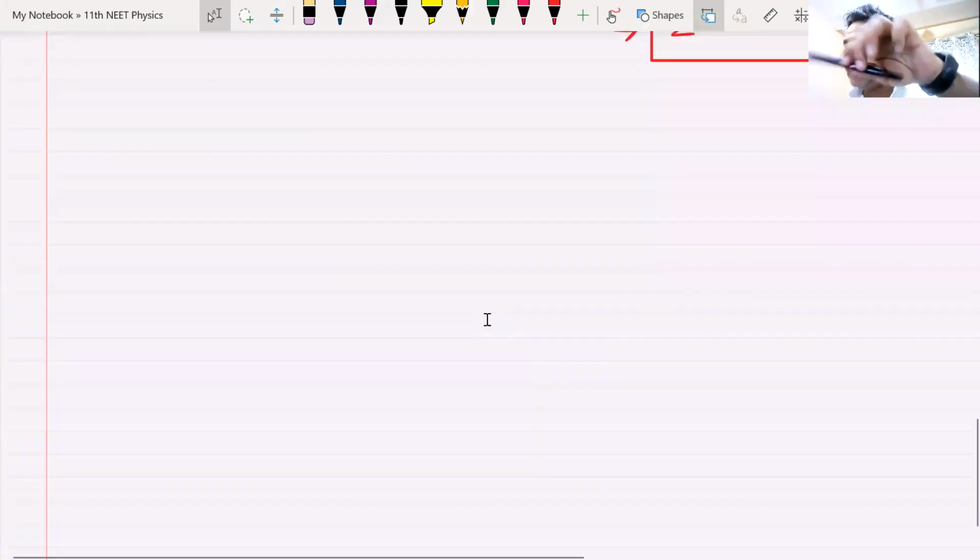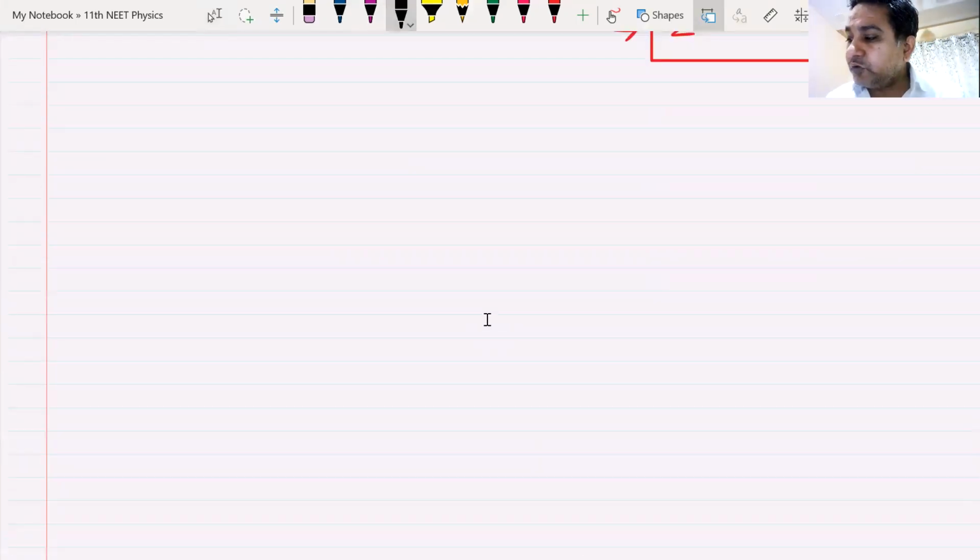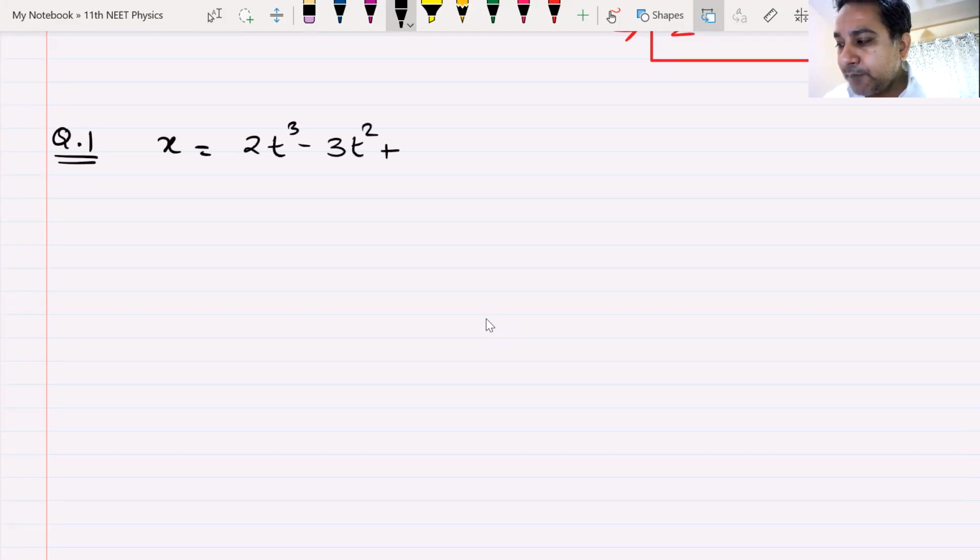Okay, that takes us to question number 1. X is given as 2t cube minus 3t square plus 4t plus 1.